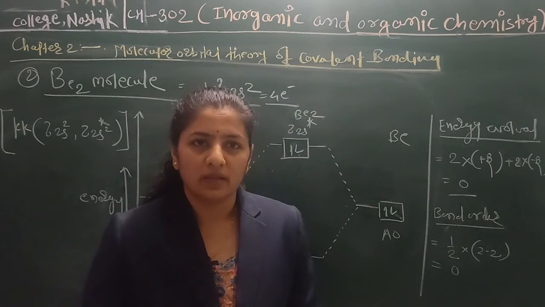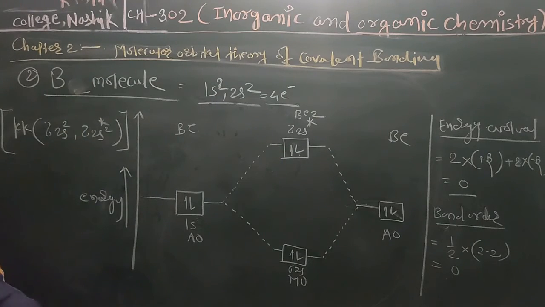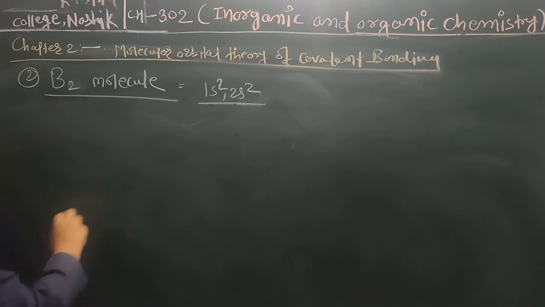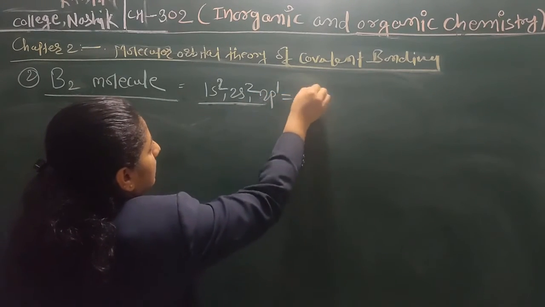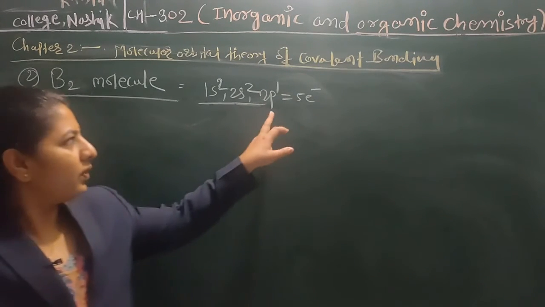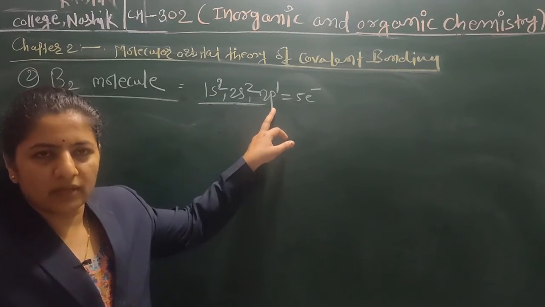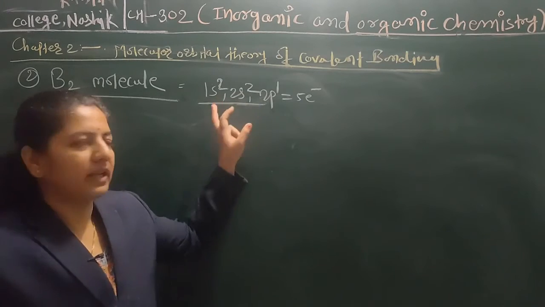So we will discuss the B2 molecule, that is the boron molecule. The configuration of boron is 1s2 2s2 2p1. So there will be 5 electrons. In those 5 electrons, as we know, only the 2p1 orbital, the 2px orbital, takes part in bonding, whereas the others do not take part in bonding.